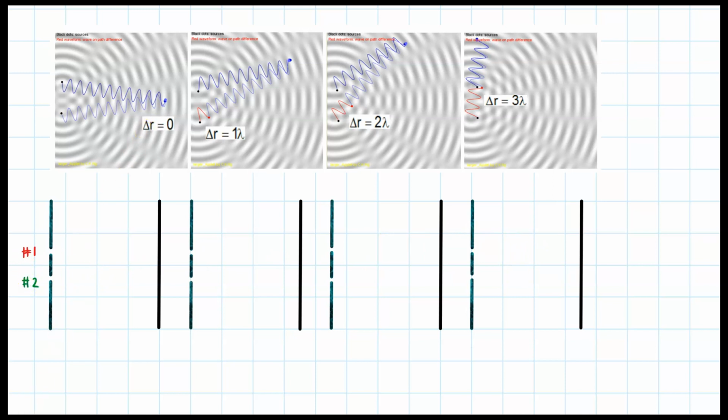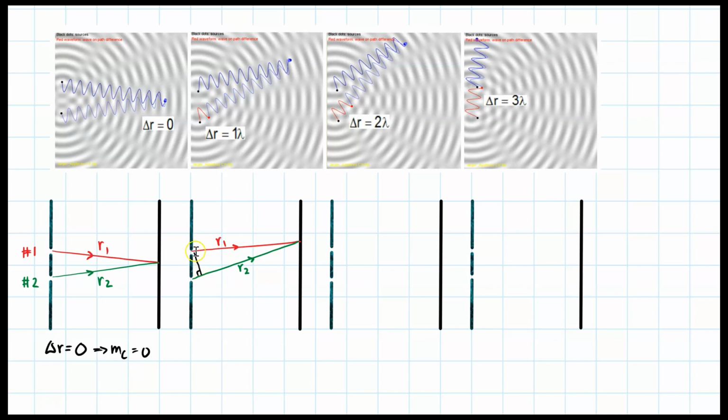Let's draw the first one. Wave number 1, wave number 2 travel the exact same distance. Therefore, delta R is equal to 0, and this is MC equal to 0. Let's go to the next one. When I draw the next time the waves constructively interfere, note that the green ray has traveled farther than the red wave. But by how much?